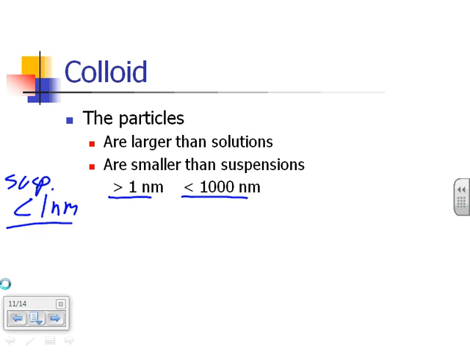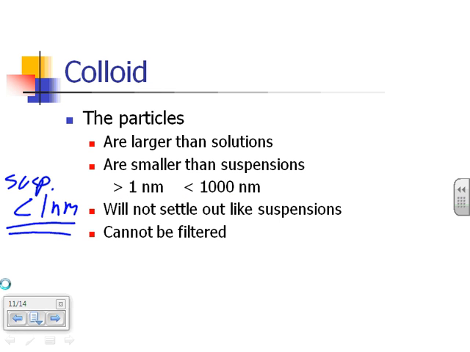Those are the small ones. That's what we've been covering before. They can't be separated. They're not going to exhibit some of the effects that we're looking at coming up in a minute, because their particles are so small. But colloids are the middle zone, greater than 1 nanometer, less than 1,000. They will not settle out like suspensions, and they cannot be filtered.